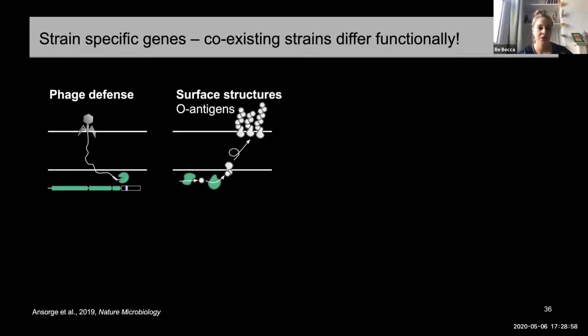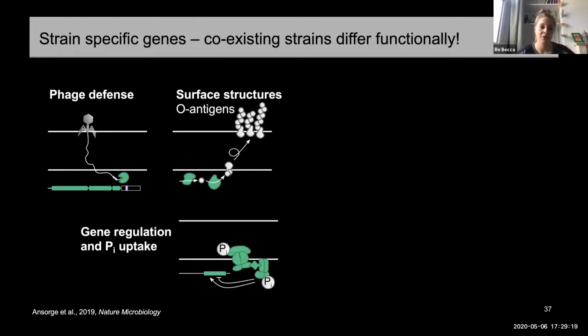And first of all, you have the usual suspects, right? You have the phage defense mechanisms such as CRISPR-Cas, you have the surface structures like O antigen, and in the first talk today we heard quite a little bit about those. So we saw that there are differences in the gene content which are responsible for producing these.